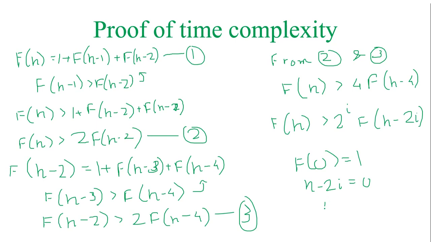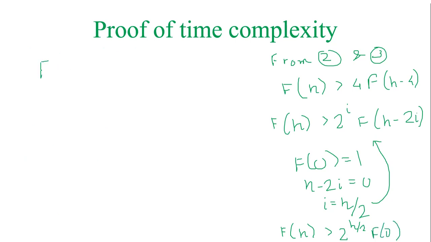So from here we'll get i is equal to h by 2. Let's put this in this equation. So we'll get f of h is greater than 2 power h by 2 into f of 0.